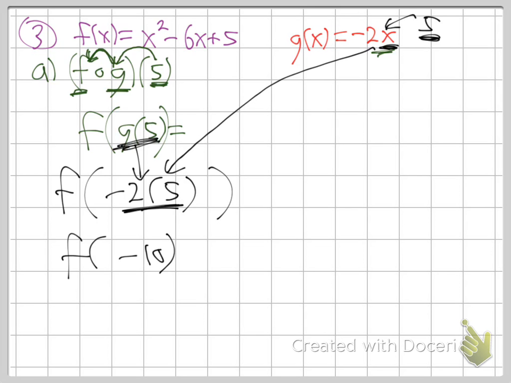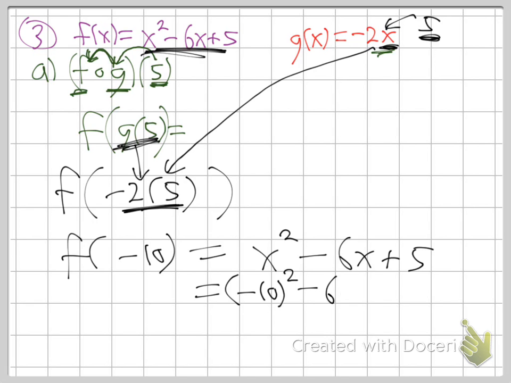And now the negative 10 goes into the f function. Here's the f function. It's x squared minus 6x plus 5, so plug in the minus 10. See what I'm doing there? I'm plugging minus 10 into the f function now.